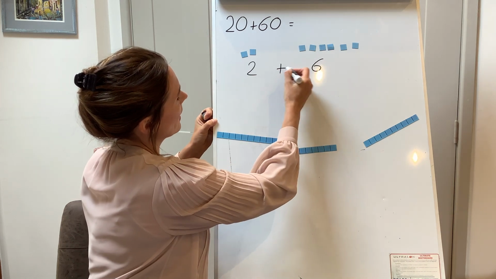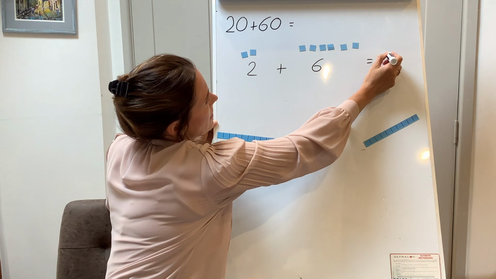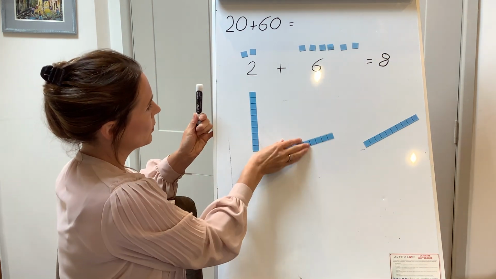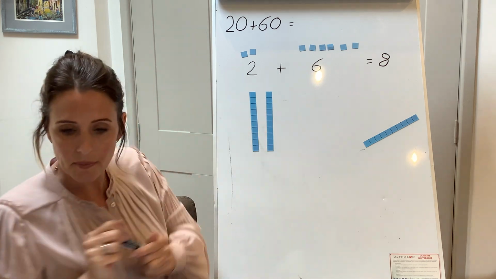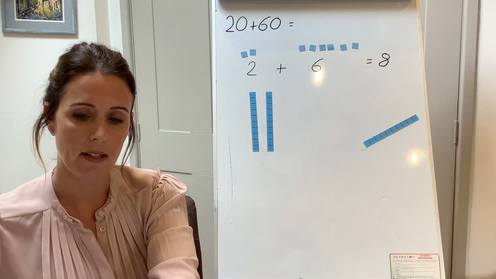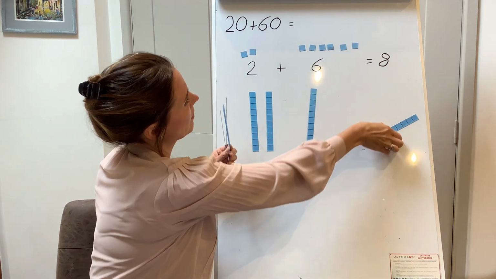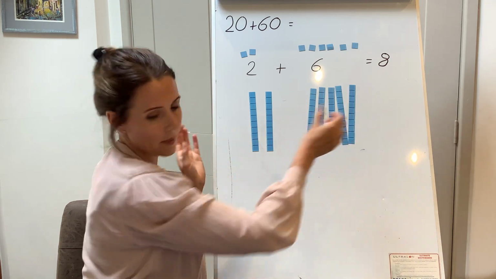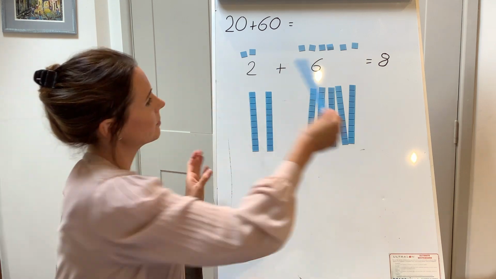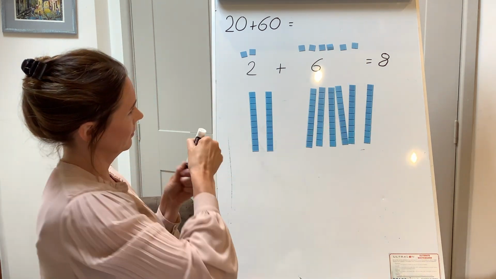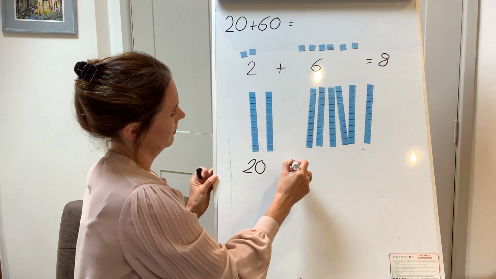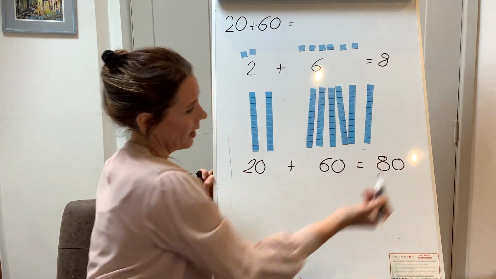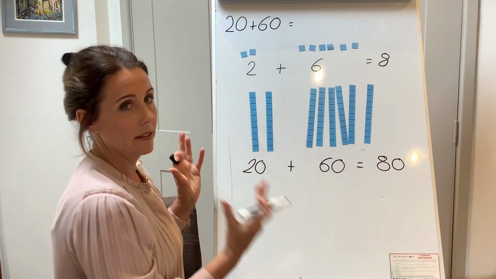So 2 add 6, 6 add 2 is equal to 8. So that tells us then that 20 add 60 is equal to 80.